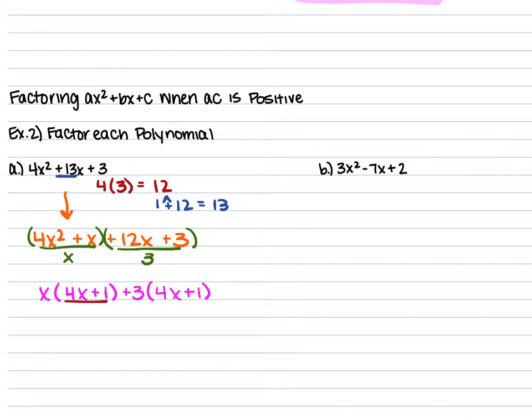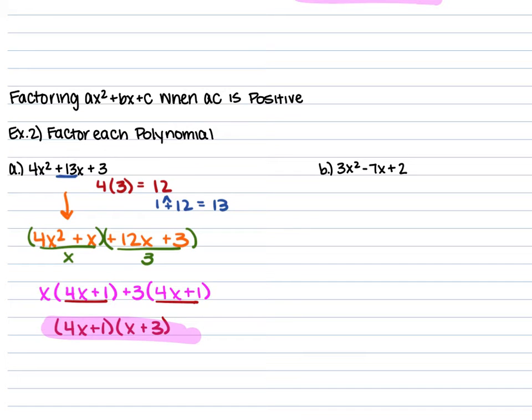From here, my two parentheses are the same, so I'm going to rewrite the 4x plus 1 one time, and then I'm going to make another set of parentheses with the x and the positive 3. This is my answer. This 4x plus 1 times x plus 3.